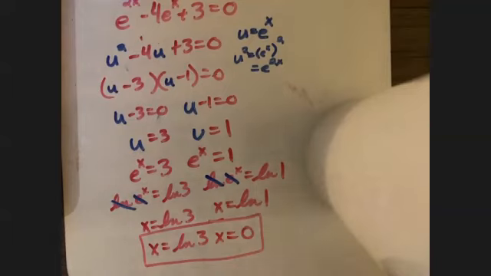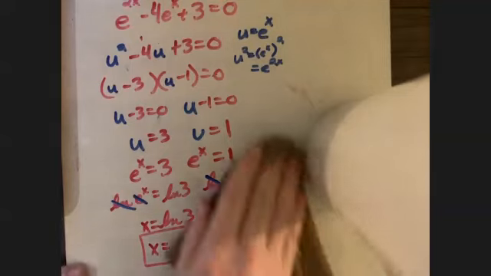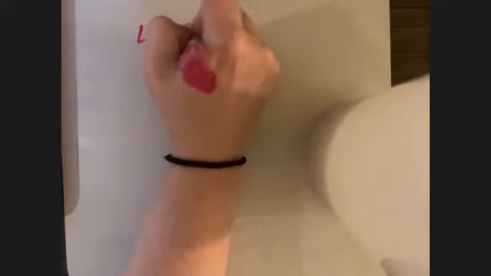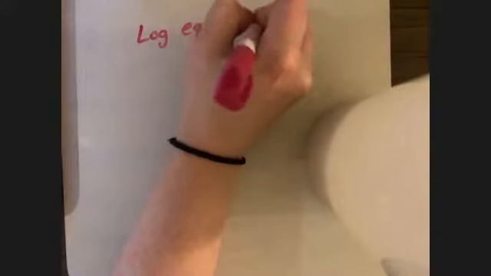Now, those are pretty much all the types that you're going to see on the exponential stuff. So now we're going to look at the log stuff. With the log stuff, when we're solving log equations, there's going to be two types.